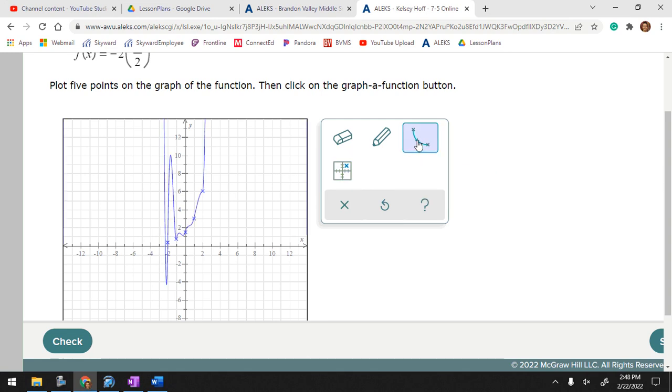And then I hit that graph. It's not going to work because this is not the right problem. But it should again give you that smooth curve.